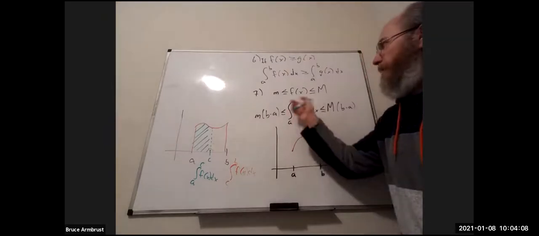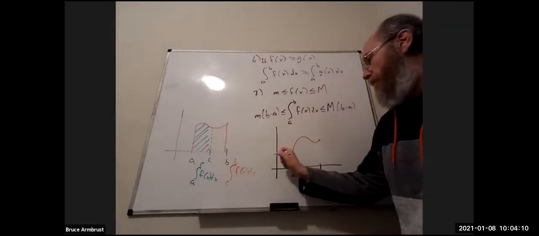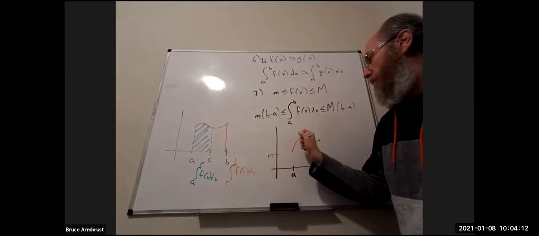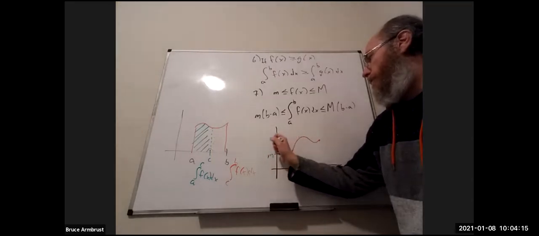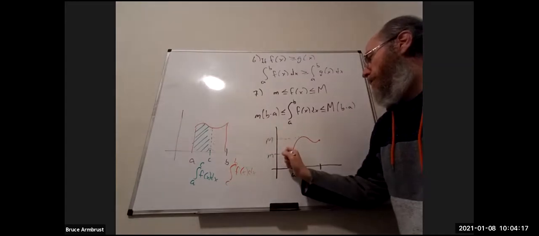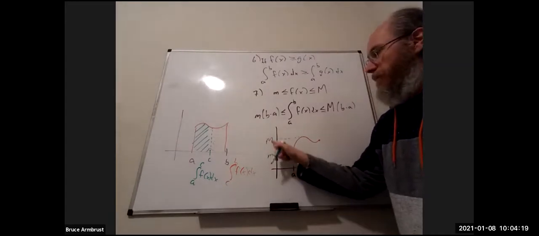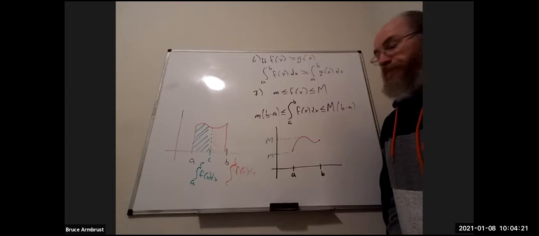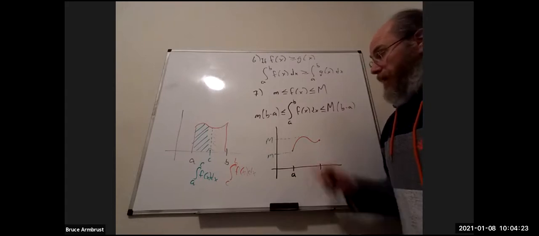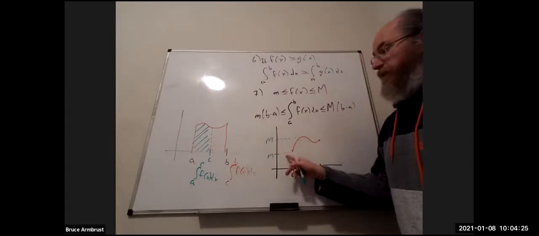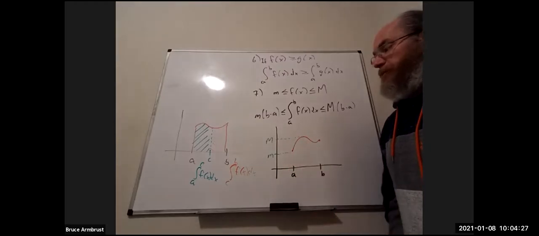So in the context of little m and big M, there's little m and there's capital M. This function's smallest value is little m, its biggest value is big M.